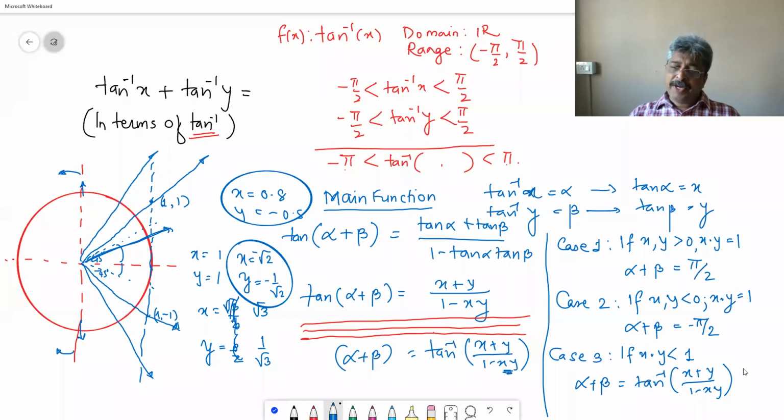-1 is not coming into the picture because if x into y is becoming say -1 and minus point something, then this denominator is becoming bigger. Now what do we mean by x into y is less than 1? We mean that the denominator is positive.